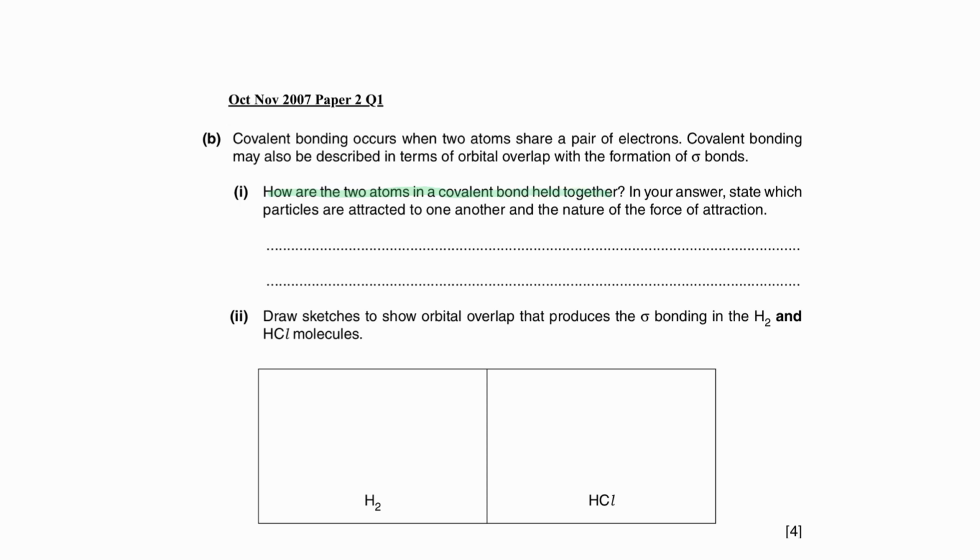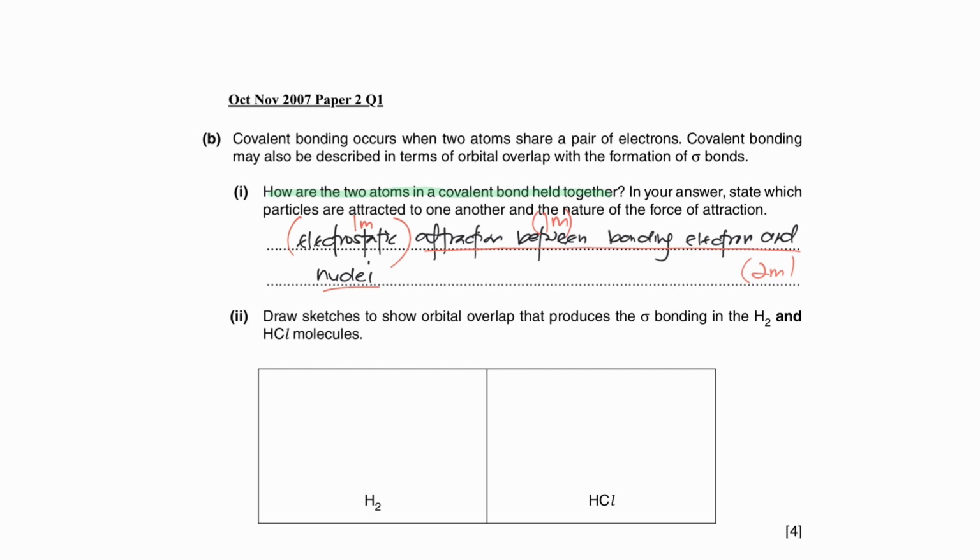A covalent bond is the electrostatic attraction between bonding electrons and nuclei. For electrostatic, we have 1 mark. And next, attraction between bonding electrons and nuclei, we get another 1 mark. So for this, we have 2 marks in total.